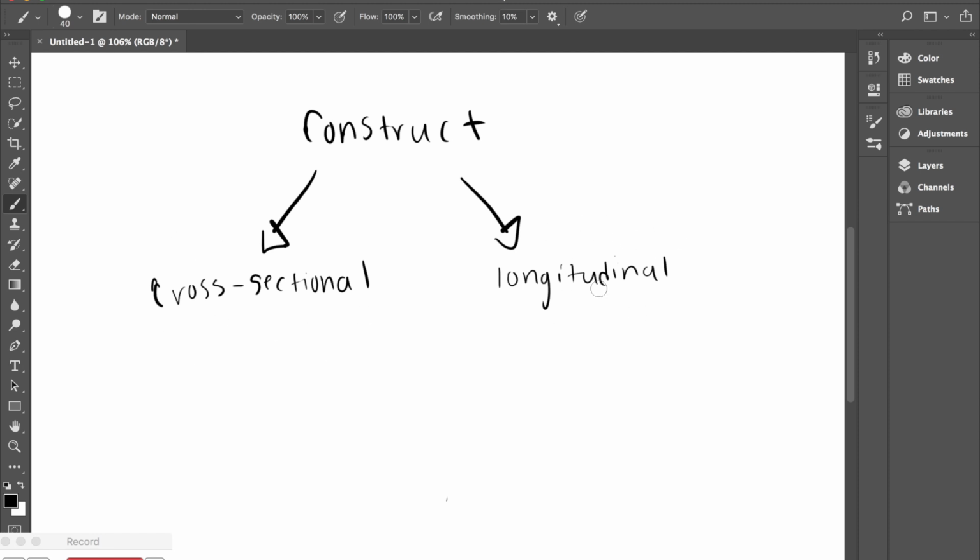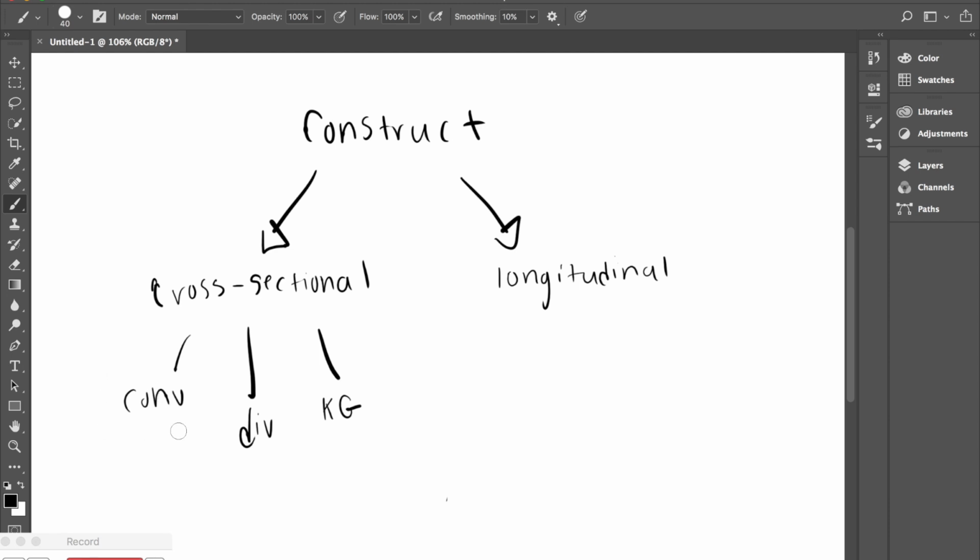How do I go about measuring longitudinal? And before we can actually look at this, we have to understand that there are actually even more divisions within each of these. So within cross-sectional, we have convergent, we have divergent, and we have known group. And we have the exact same divisions in longitudinal.